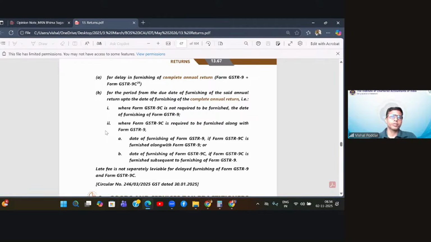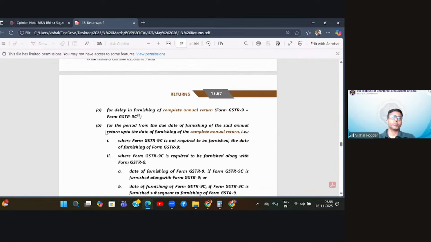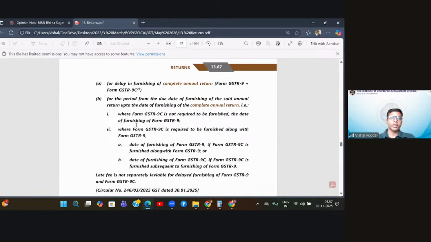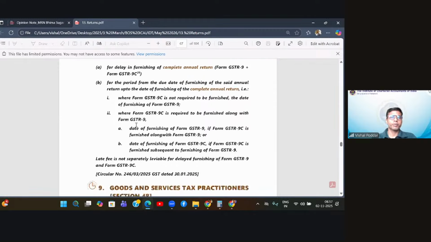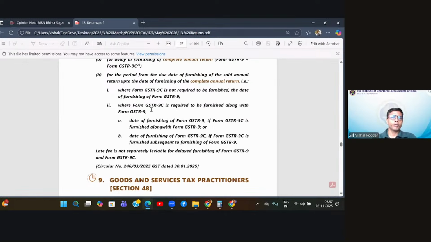Now, what is important is 9 and 9C both are part of your annual returns. The challenge arose, what if one return is filed and one is not filed? So that is why they have used the terminology complete annual return, which is 9 and 9C both. Late fees are calculated from the date when both are to be filed until both are filed.